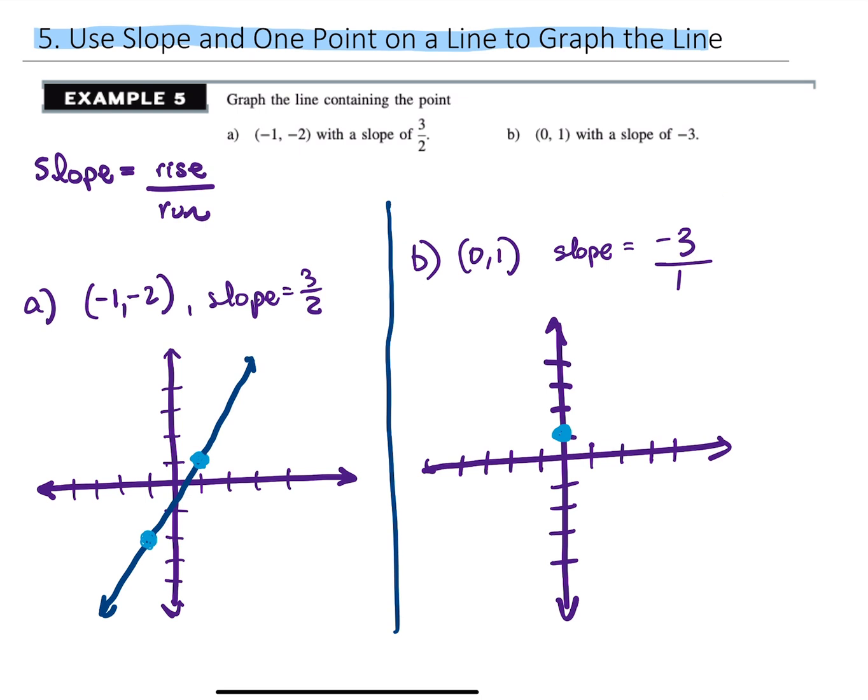So from this point, since I have -3, I would go this time down 3 and then over 1. So I should end up over here. That looks like the point (1, -2). And then I just need to connect it with a straight line.